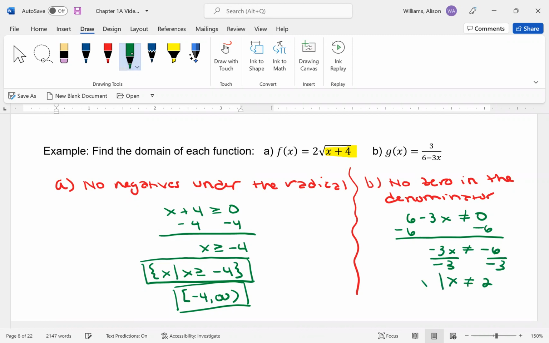So for set builder, we can do this. For interval notation, though, we would have to actually do the skipping thing that we did with the functions above. We would have to go from negative infinity to 2, union 2 to infinity. In other words, we're including everything, but we are excluding the 2. And that's how we could write that in the two notations.